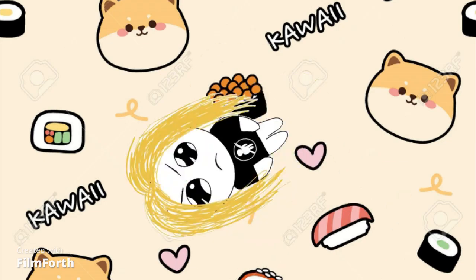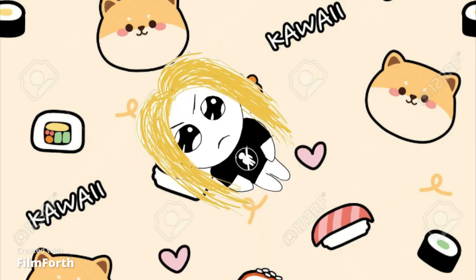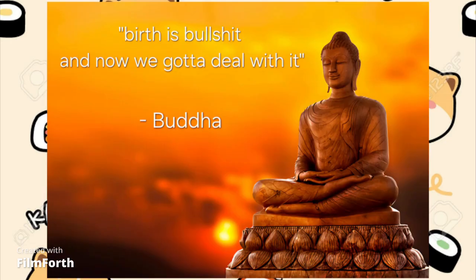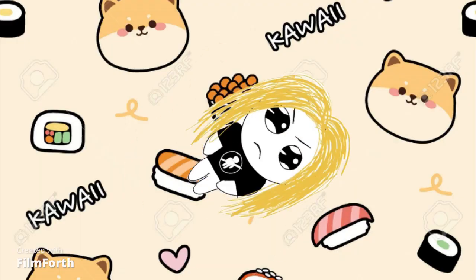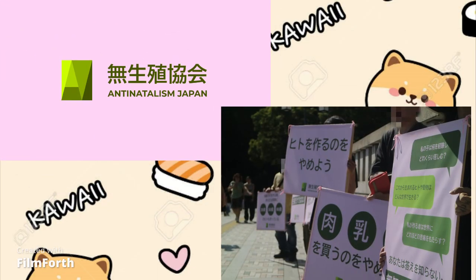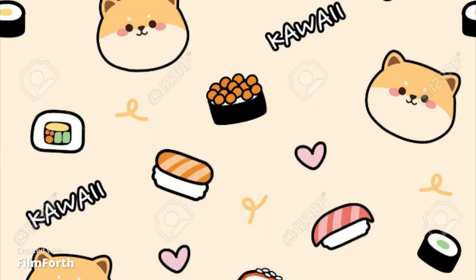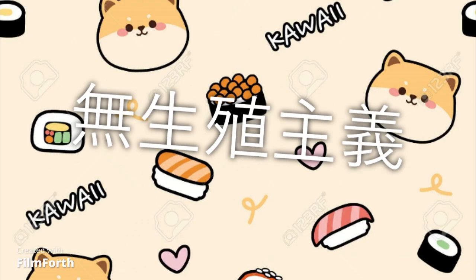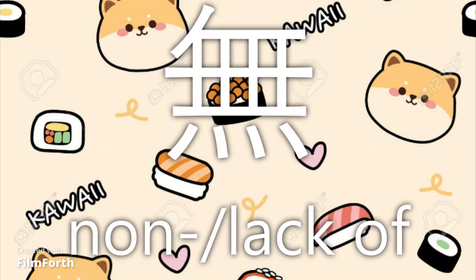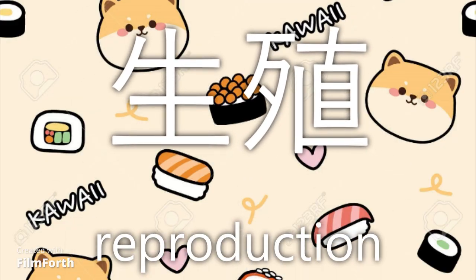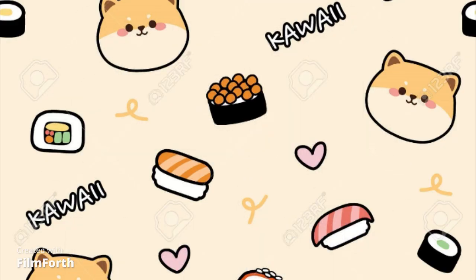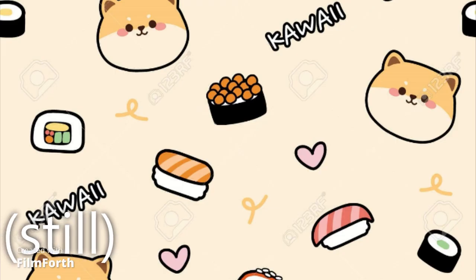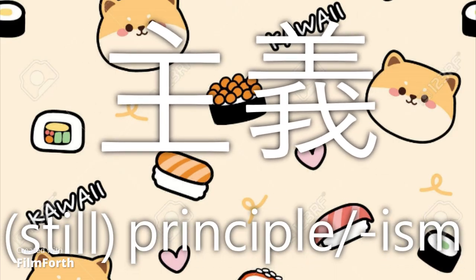Han Shusho Shugi is the standard term for antinatalism in Japanese, although certain Japanese antinatalists, such as the organization ANJ, Antinatalism Japan, use a secondary term to describe it. Musei Shoku Shugi. Mu means none or lack of, sei shoku means reproduction, and as we've already established, shugi means principle or ism.